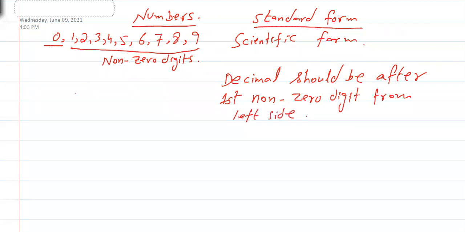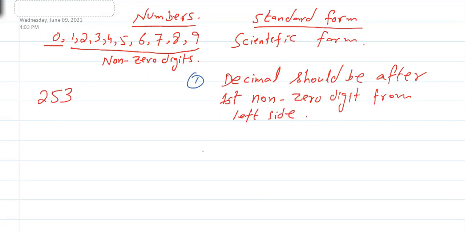For example, I'm writing a number 253. Can you see any decimal in this number? There is no decimal in this number. If a number is not showing any decimal, make sure the decimal will be on the extreme right side. Let me write this point also, so you will not forget that.